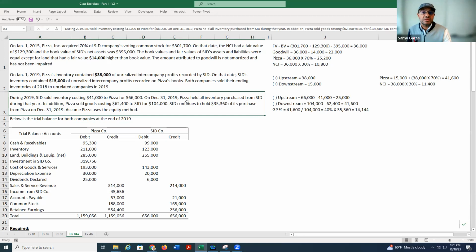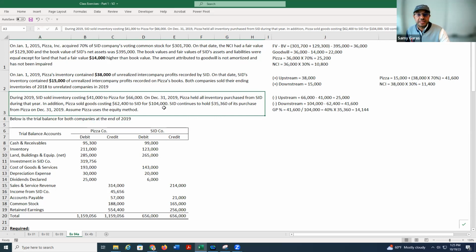At the same time, the parent company sold to the subsidiary company some goods for a selling price of 104, but the cost price 62. From the sales amount of 104, 35,360 still remain. So what shall we do?